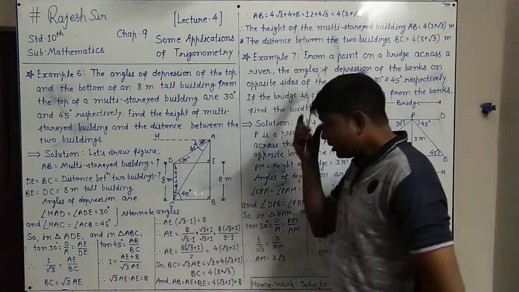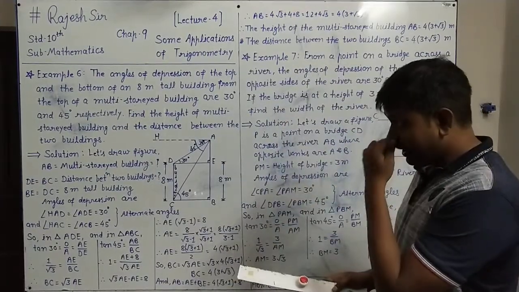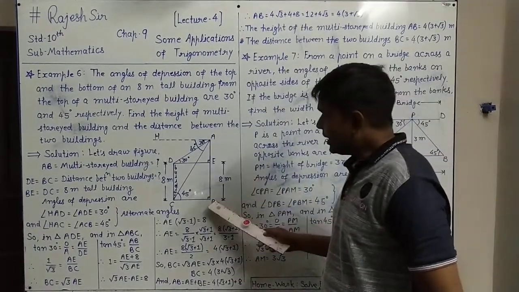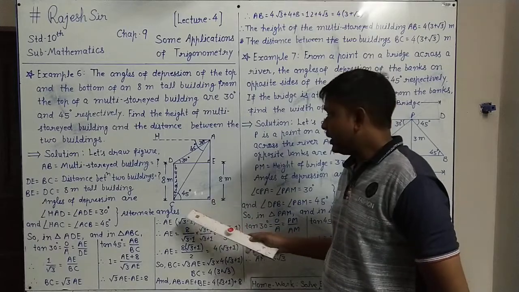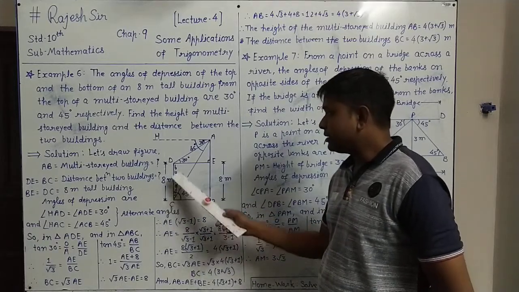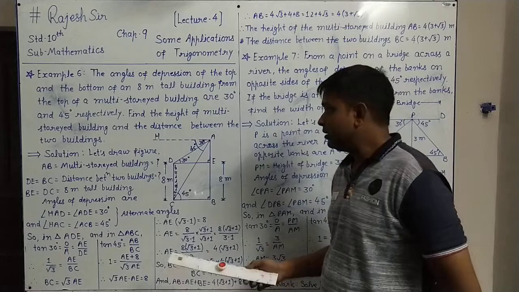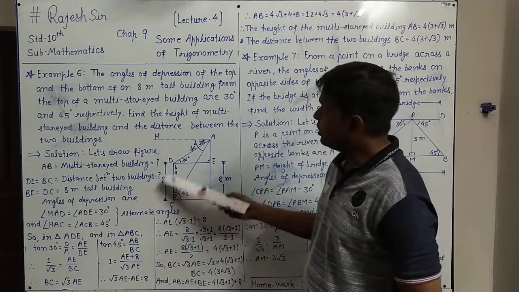Right? So here in the figure we have shown AB as the multi-storied building and DC as the other building, the 8-meter tall building.